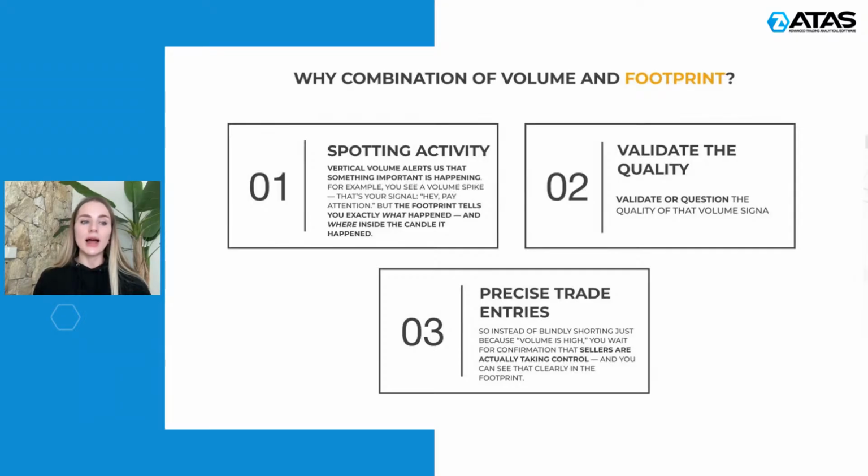So instead of blindly shorting just because the volume is high and the price is reversing, you wait for confirmation that sellers are actually taking control. You can see that clearly in the footprint charts using the bid and ask delta color distribution, which I gave you the workspace for in the previous webinar. So then, and only then, when you can see the activity of one of the sides taking over, you take the trade.